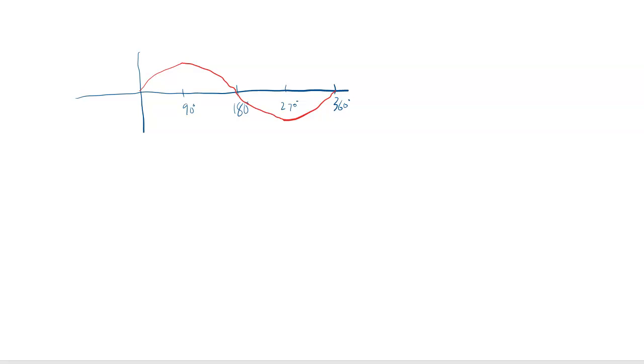And it doesn't end there. The sine graph actually continues to the left and continues to the right, and this would be negative 90 degrees, and so on and so on.